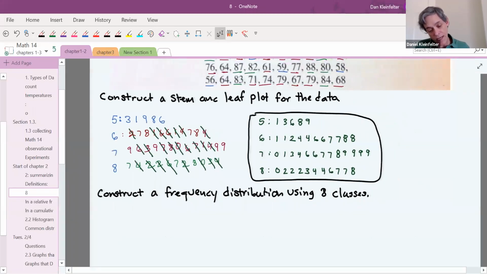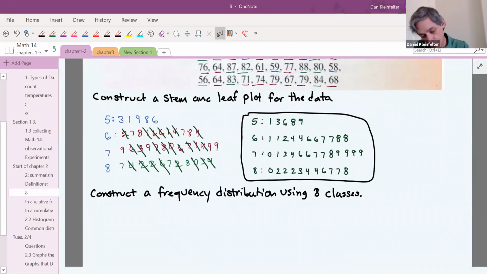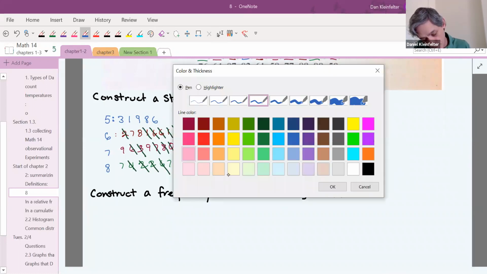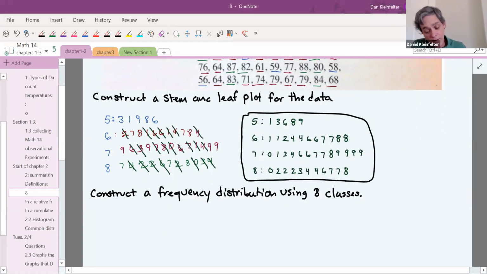So the maximum value was 88, and the minimum is 51. So 88 minus 51 divided by, and we're told to use 8 classes. So 88 minus 51 is 37.